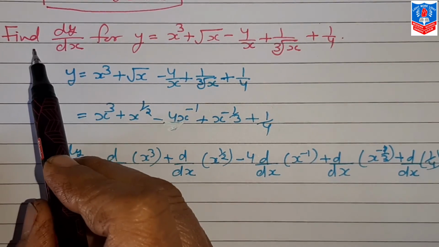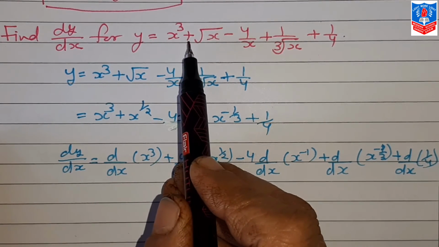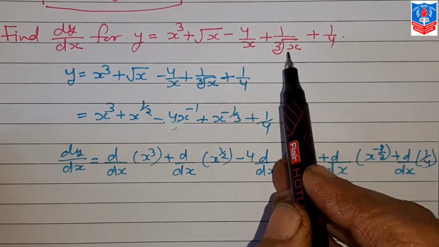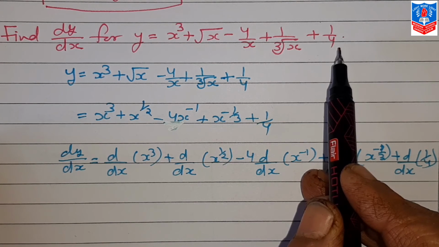Next, find dy upon dx for y is equal to x cube plus root of x minus 4 by x plus 1 upon 3 root x plus 1 by 4.